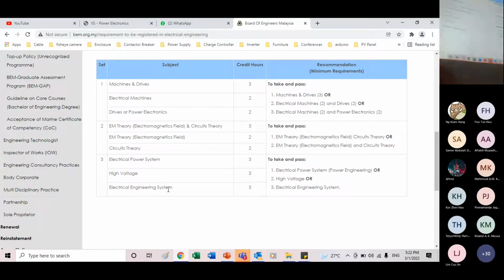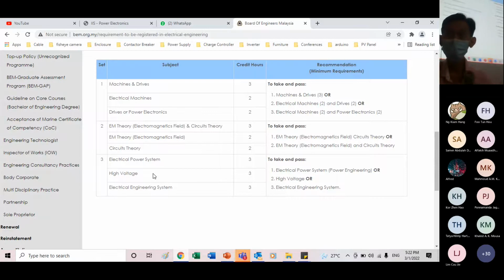So these are the lists. If your transcript has these subjects, that means you are eligible to register as an electrical engineer. You study more than 30, 40 subjects, but BEM only chooses these few. So it's indirectly telling us how important this is.